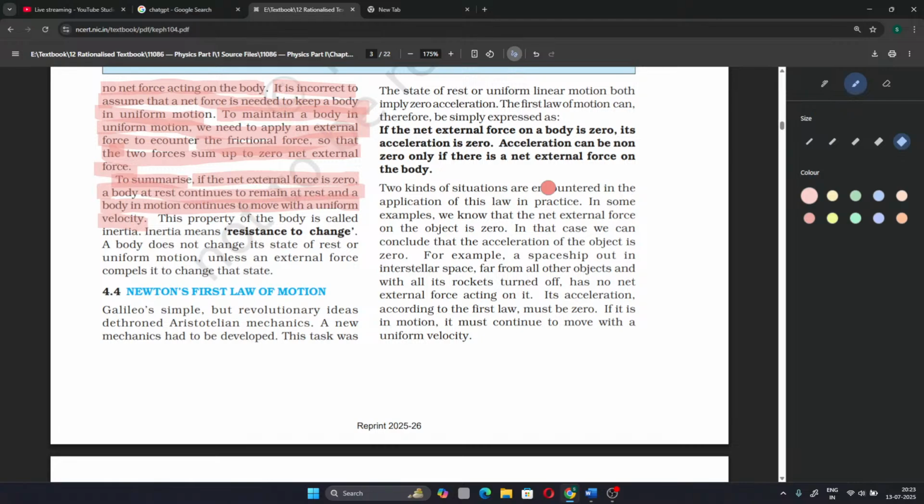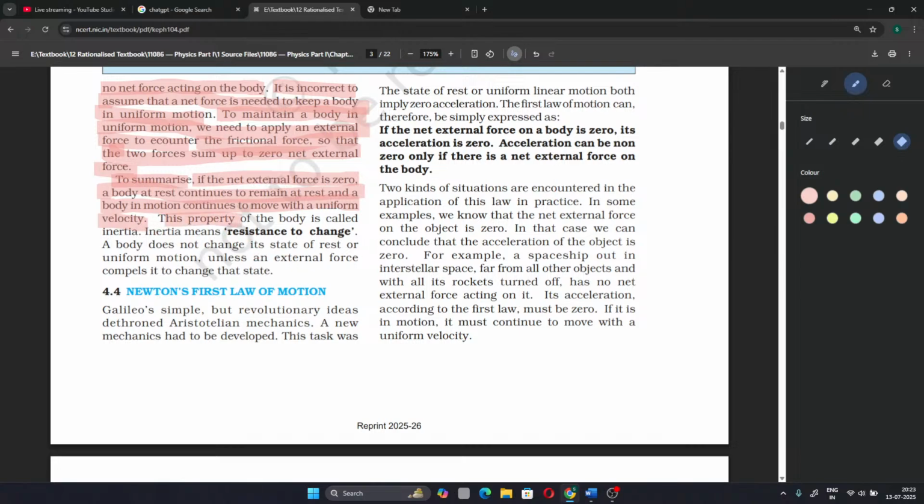So the entire summarization is that if the net external force is zero, then a body at rest will continue to stay at rest, and a body that is moving will continue to move with uniform motion.